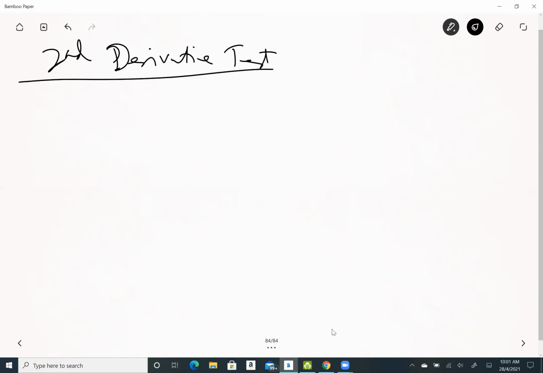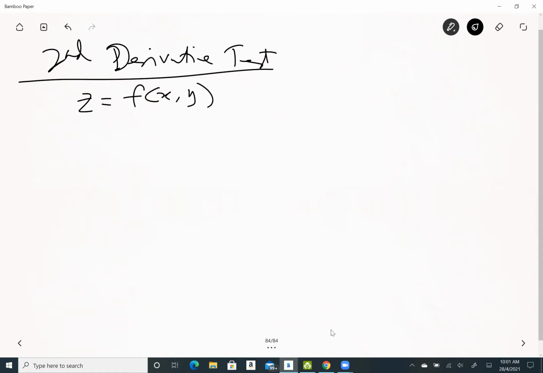Now, I'm going to write down the full name of the test. It's the second derivative test. Of course, it's partial. Now you have a function z equal to f of x, y.